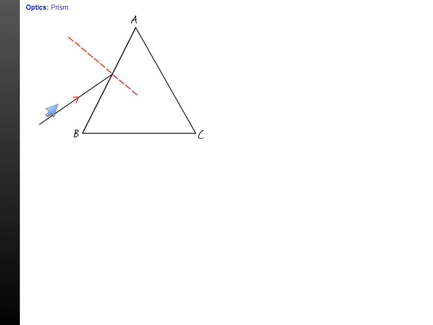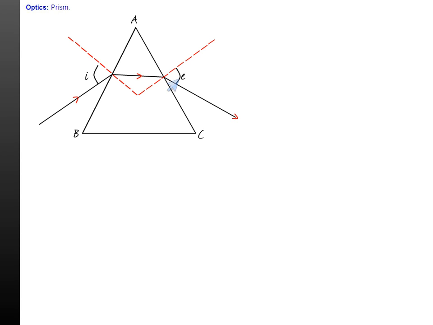Okay. Now suppose, once again, this is the prism. And this is the angle of incidence and emergence.